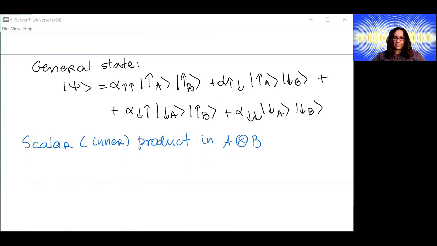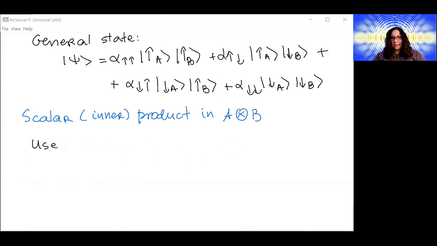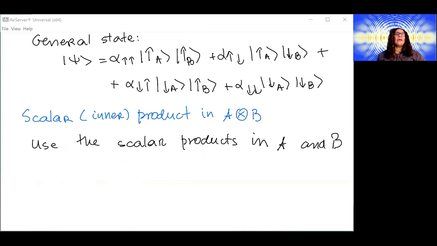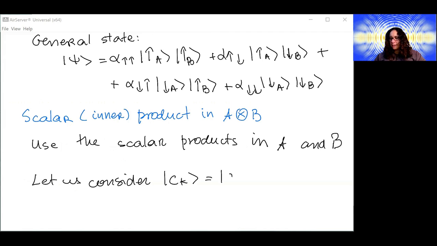We can use the scalar products in the subspaces A and B. We're going to consider this ket CK in the compound state space, which is written as AI tensor product BJ, whereby this is a ket in A, this is a ket in B. And we are going to define another one, CK dash, which is AI dash tensor product BJ dash.